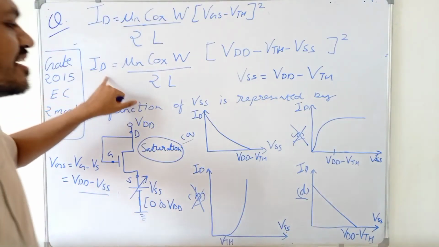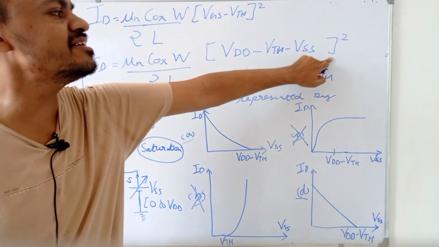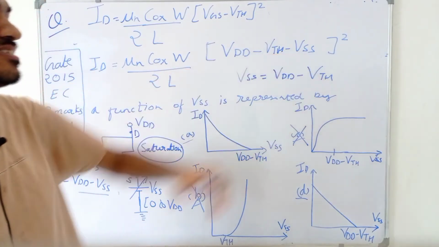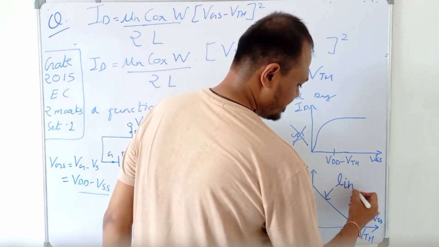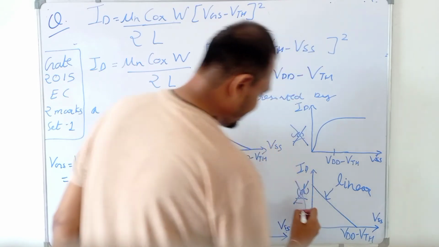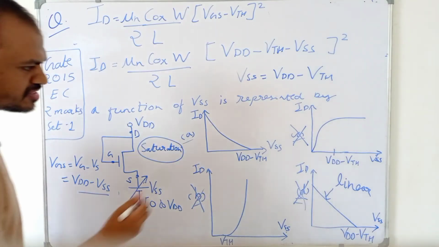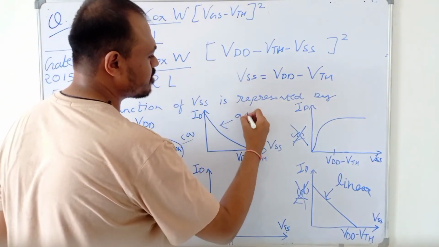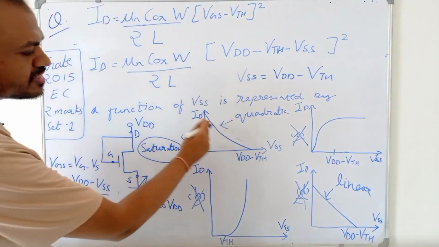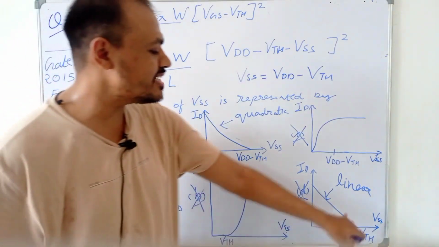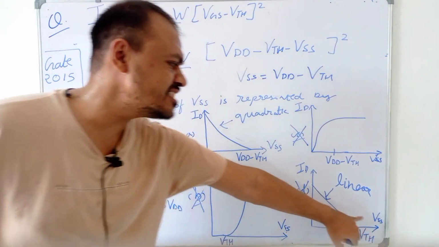But this current ID varies quadratically with VSS, as it depends on VSS square. In option D the variation is linear, so it cannot be correct. In option A the variation is quadratic, it is a curve, whereas D is a straight line.